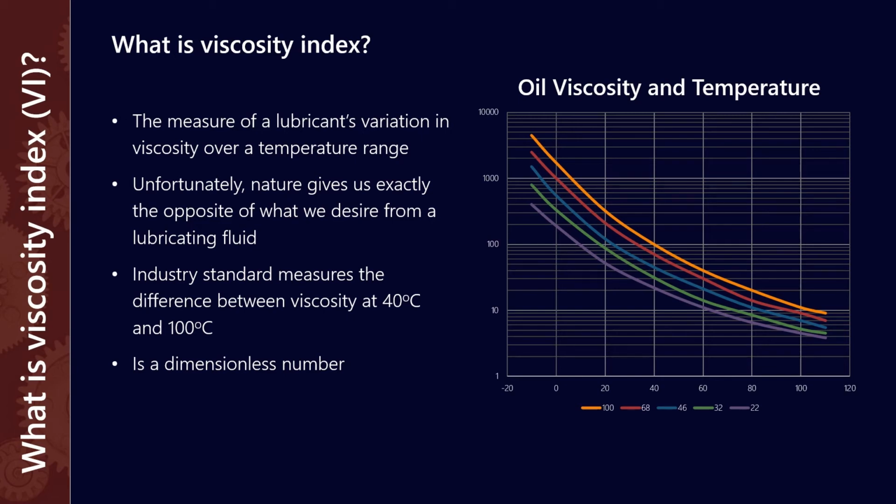And in fact, this has to be plotted on a logarithmic scale. So if you look at the y-axis, it jumps between 1, 10, 100, 1000. And you can see that at negative Celsius temperatures, viscosities get extremely high. So you can imagine engine startups in those circumstances can be very difficult.